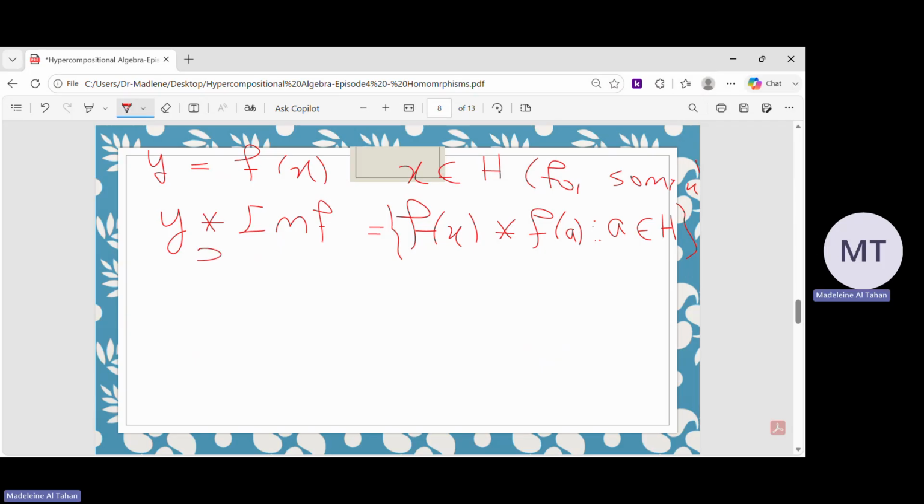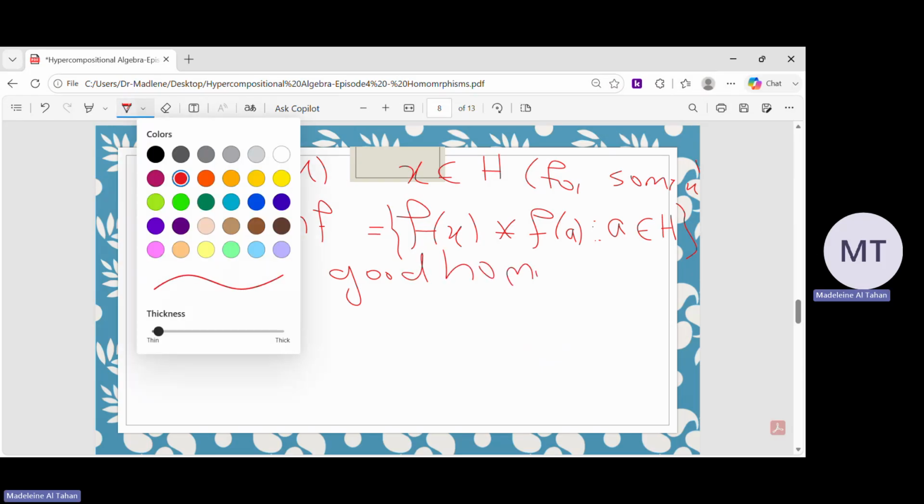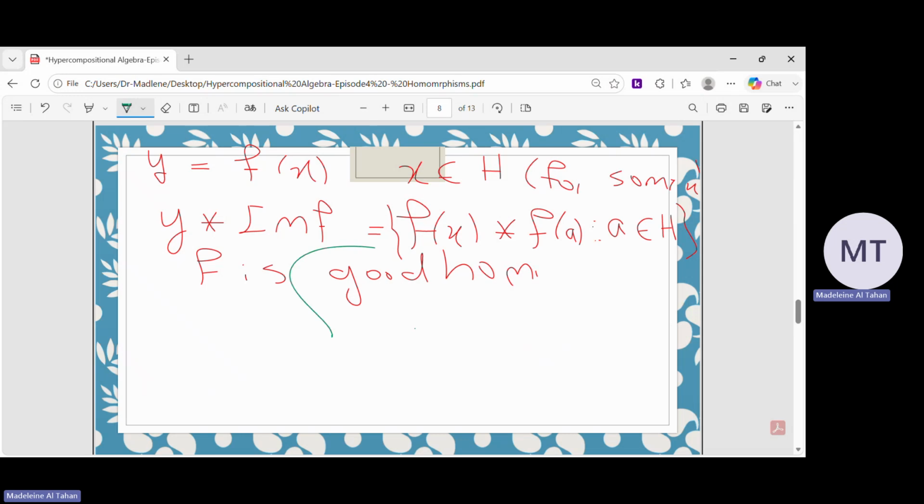But we're saying that f is a good homomorphism. What does this one mean? It means that this one is f of x circ a with a belonging to H, which is f of c such that c belongs to x round a.